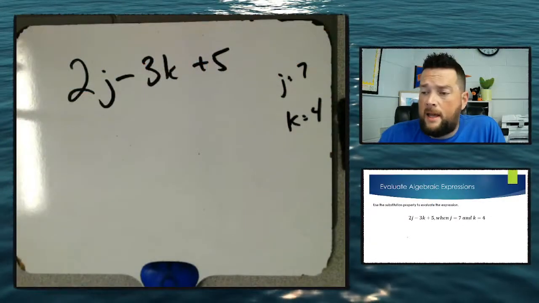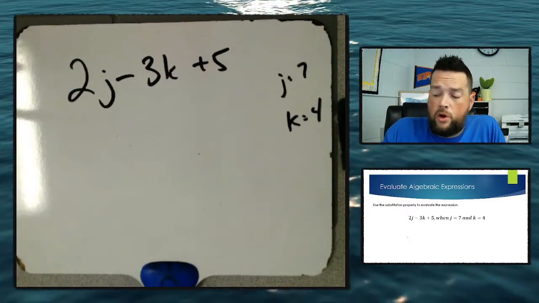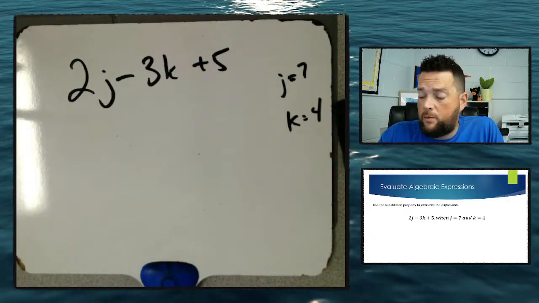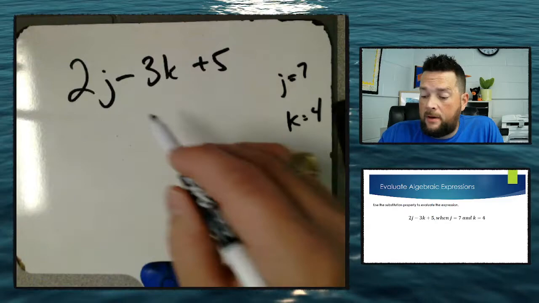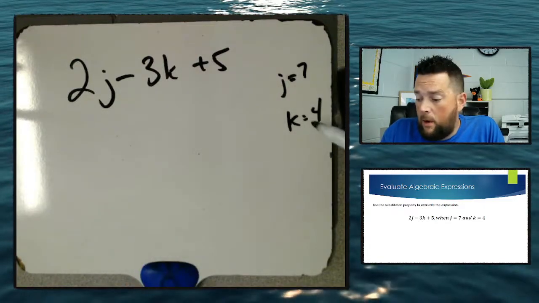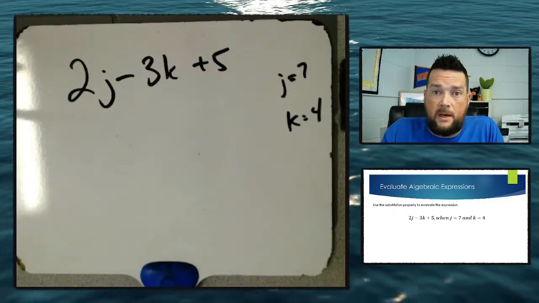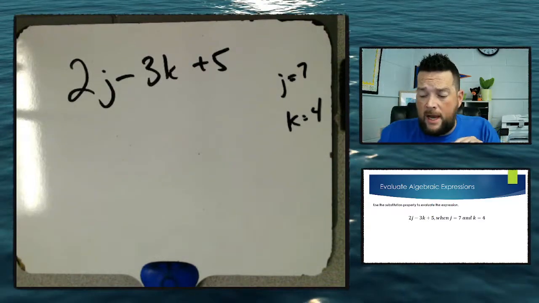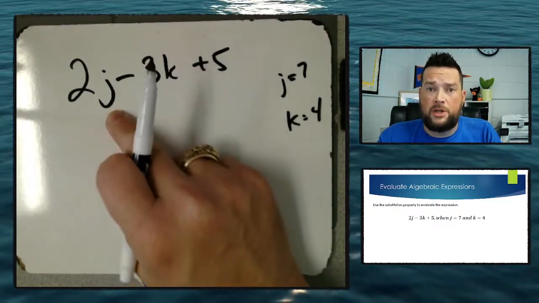So you're going to want to take that on down to the next step where you substitute. We're going to substitute because we're evaluating this expression. We're going to substitute 7 anywhere we see a j, and we're going to substitute 4 anywhere we see a k. And we're going to put it inside those parentheses so that we don't lose sight of the fact that this is multiplication here.